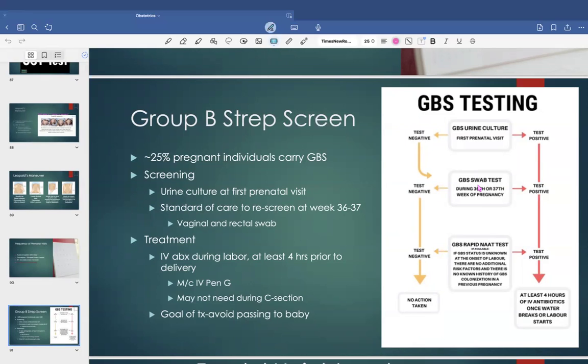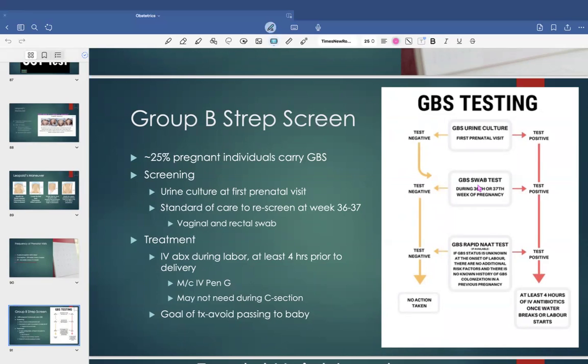Otherwise, you need to rescreen at 36 to 37 weeks in each pregnancy. You can do that with a vaginal or rectal swab. Treatment is IV antibiotics during labor, at least 4 hours prior to delivery if possible. The most common treatment for Group B strep is IV PNG.